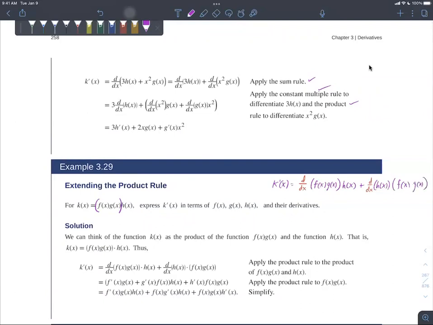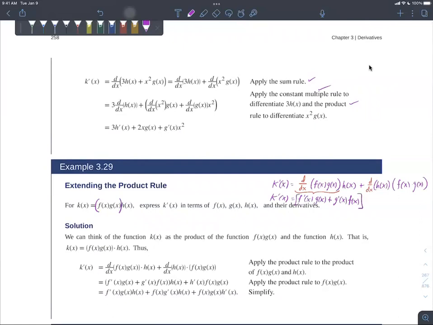Notice we haven't really bypassed anything, because now one of our derivatives is going to require the product rule itself. If we have multiple functions being multiplied together, we're just going to apply the product rule multiple times. The derivative of f of x times g of x requires the product rule: this is f prime of x times g of x plus g prime of x times f of x.